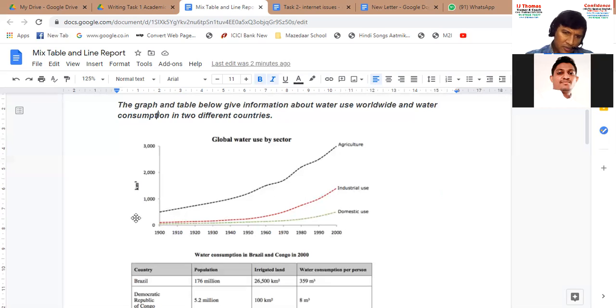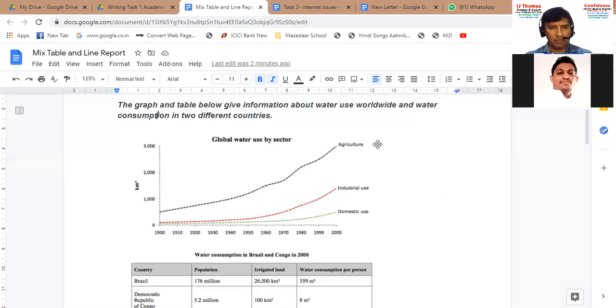You see this? Did you notice this? Up to 1950, the domestic use has not performed well, while industrial use also did not perform well up to 1940.